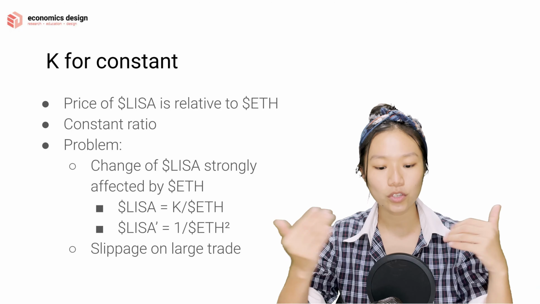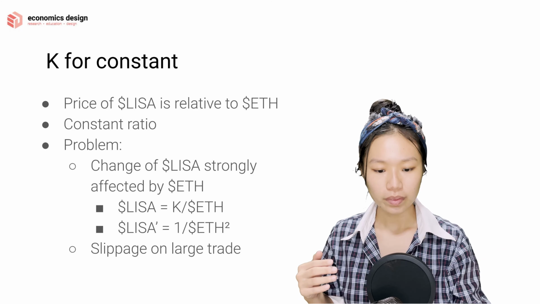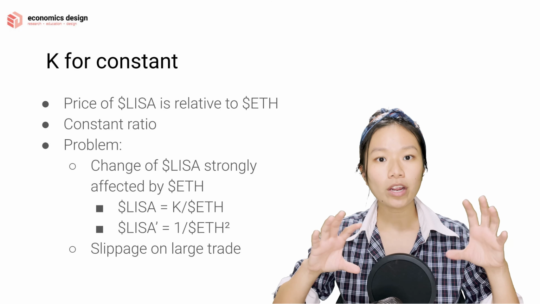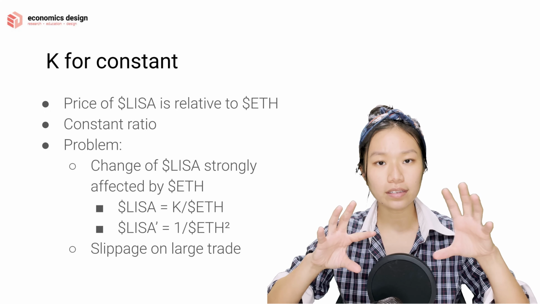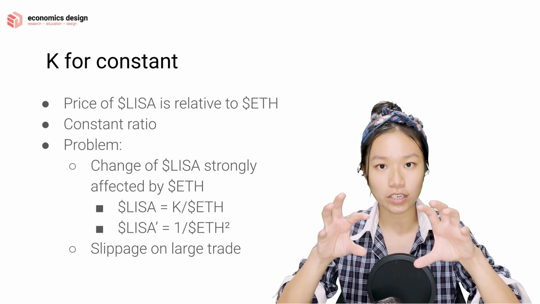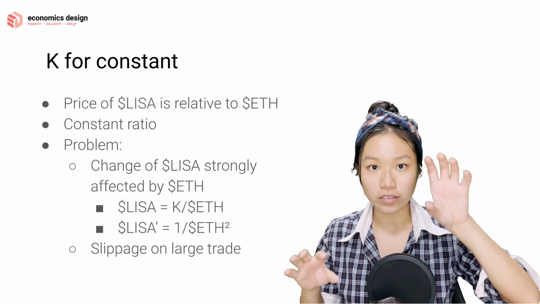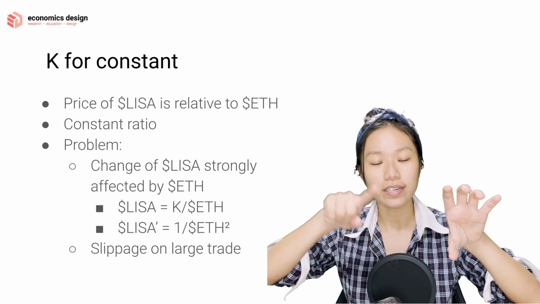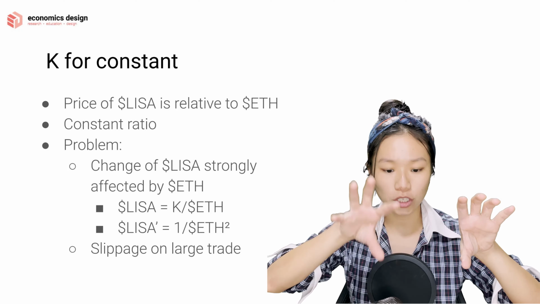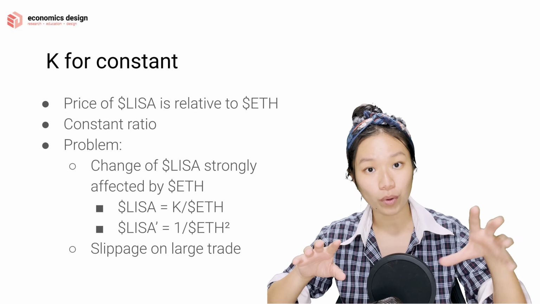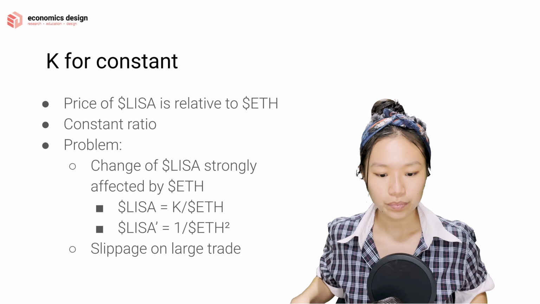Just doesn't make sense. So they're priced against each other. And the constant is always the same, and the constant is a multiplication of the quantity of Lisa and the quantity of ETH. And so to get the quantity of whatever, you just move the math around.